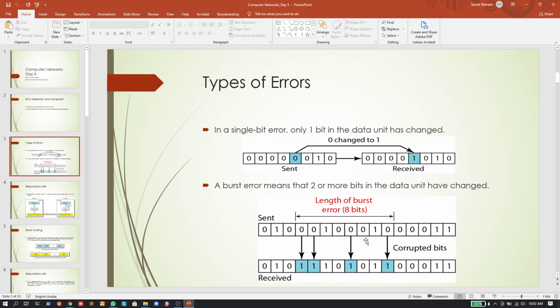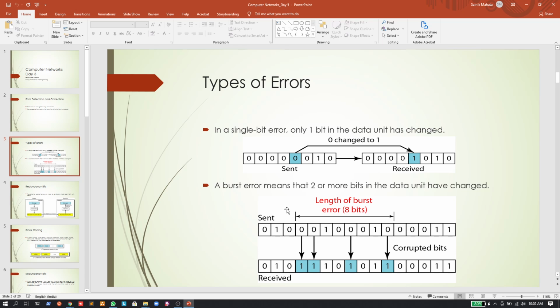Okay, now what actually is a burst error? So we can say that if the corrupted bits are continuous in nature, which means if I say that the first 3 bits, that is 0, 1, 0, have been corrupted, which means the erroneous bits are consecutive in nature, we call it a burst error, right?